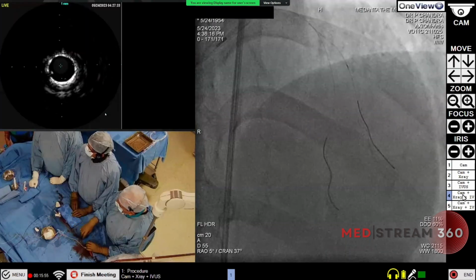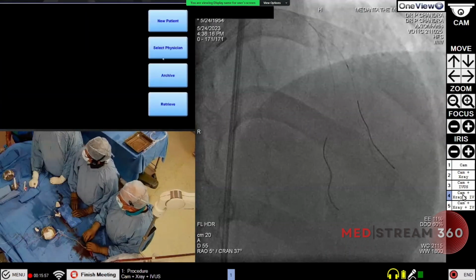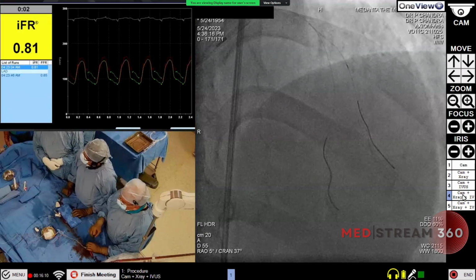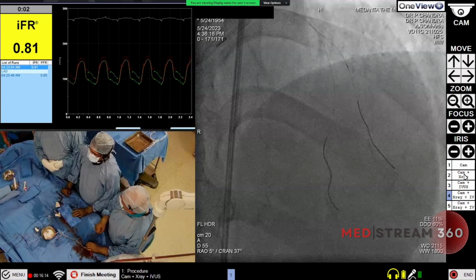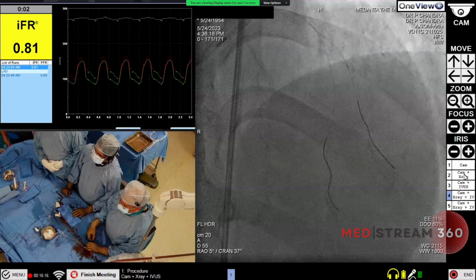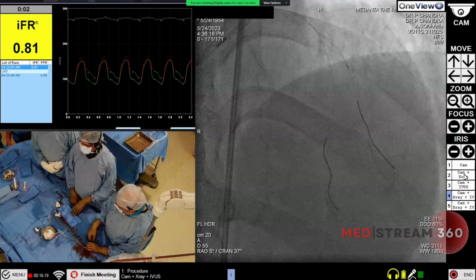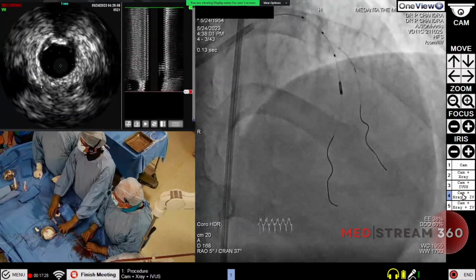The initial baseline iFR for the LAD is 0.81, and as you can see, the diagonal is quite tight. So now we are going for IVUS imaging of the LAD, which will decide the future plan. This part of the vessel is quite healthy.